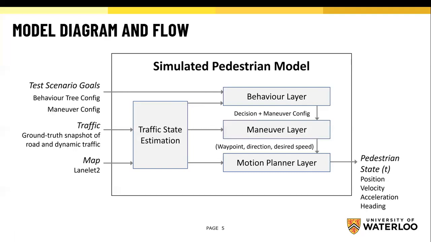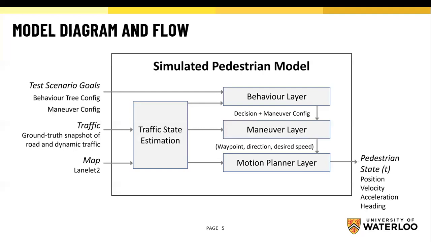At the top layer, we have the behavior layer. This receives the test scenario goals and any configurations of the behavior trees and maneuvers. Its role is to select a maneuver that's going to be executed by the pedestrian at a lower layer. This is the decision-making part that selects what maneuver to carry out at every time step of simulation.